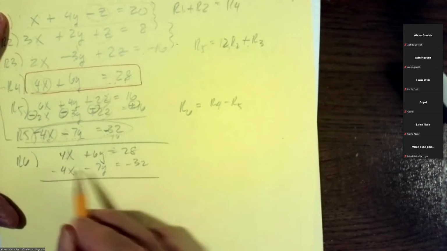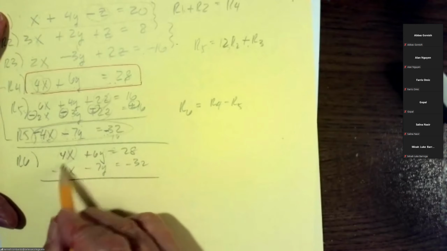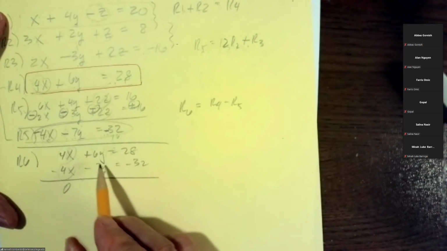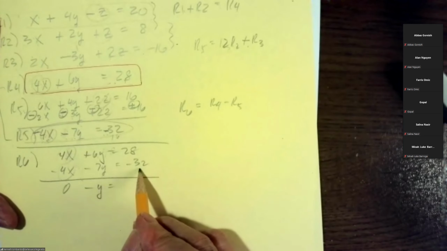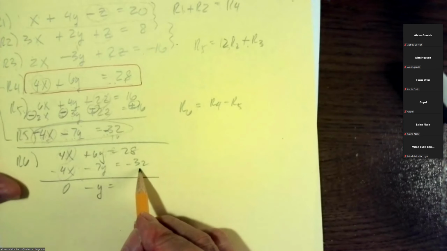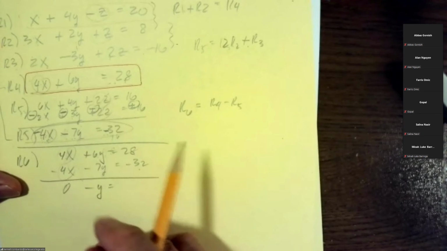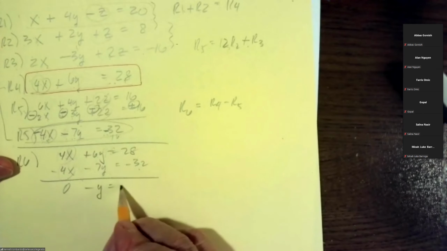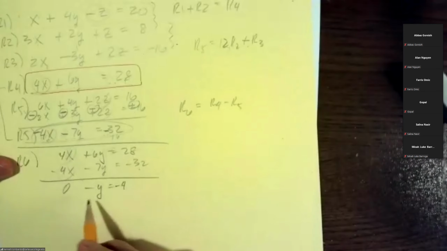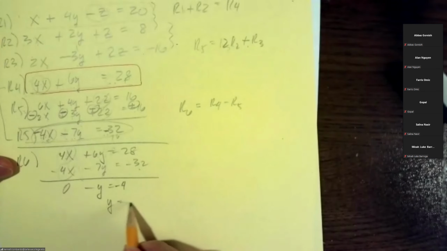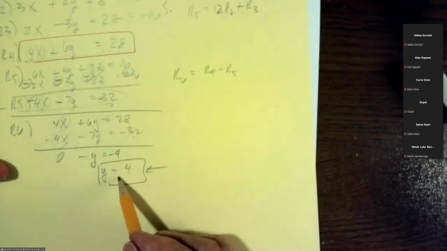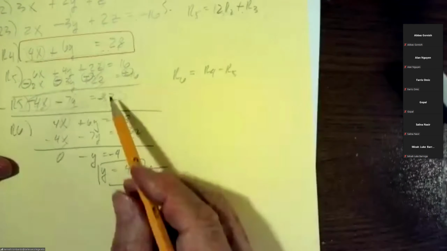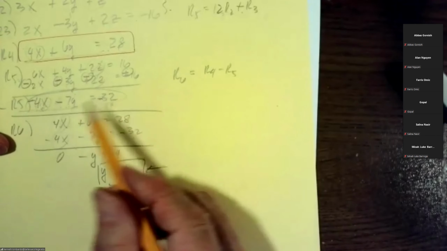So when I combine those, 4 and negative 4, that's going to be 0. For y, I have a negative y, and combining 8 and 32, y equals 4. So that's good. I was able to eliminate everything except y from this second set.